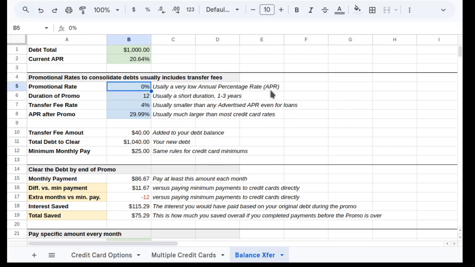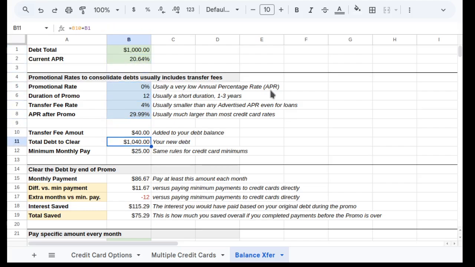So assuming we have a 0% APR for 12 months with a 4% transfer fee, and I'll explain what the transfer fee is, and a 29.99% APR after the promo. The transfer fee is usually whatever this percentage is versus the debt total that you're transferring over. So that would be $40 in this case.